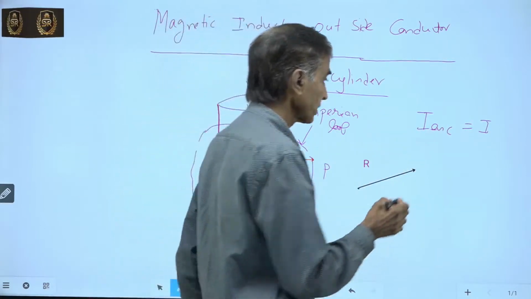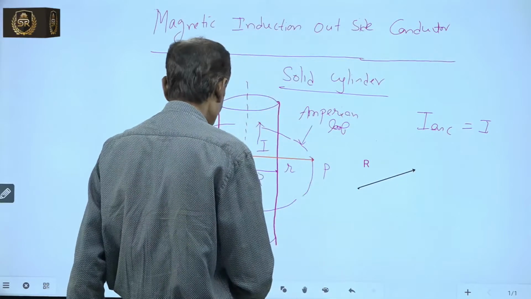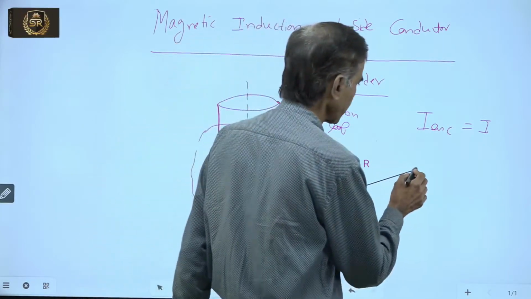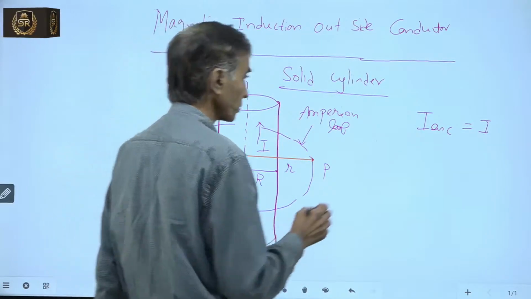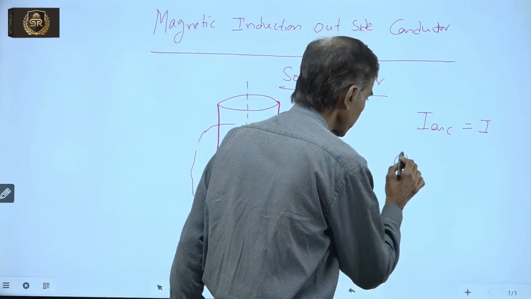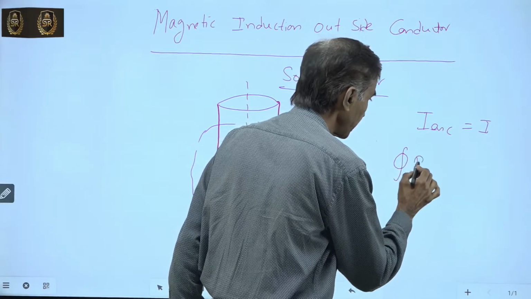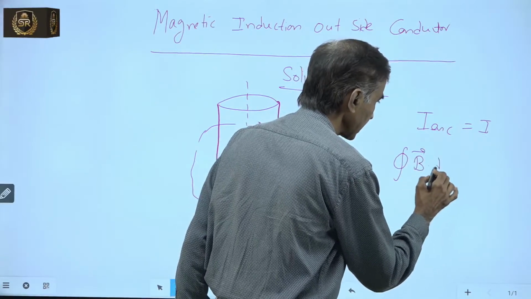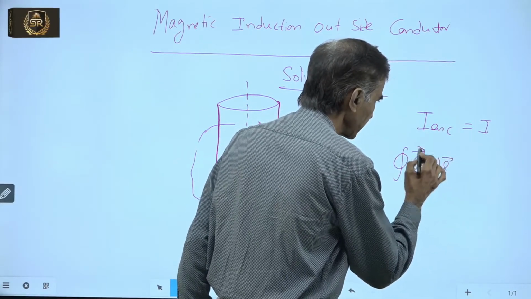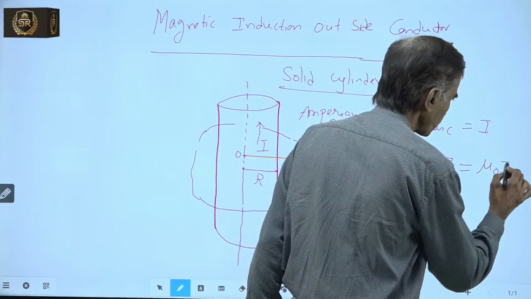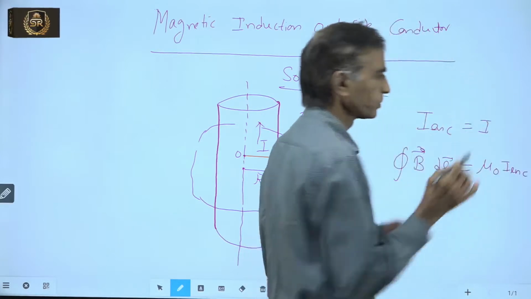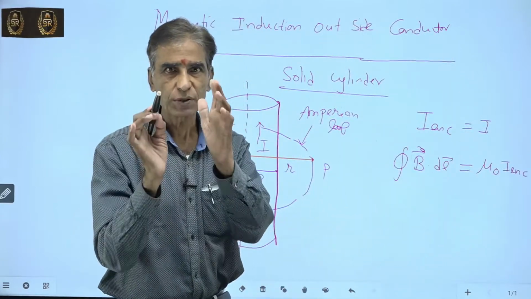Then what do we have to do now? We are going to apply Ampere's law. The line integral of B dot dl equals mu naught into I enclosed.